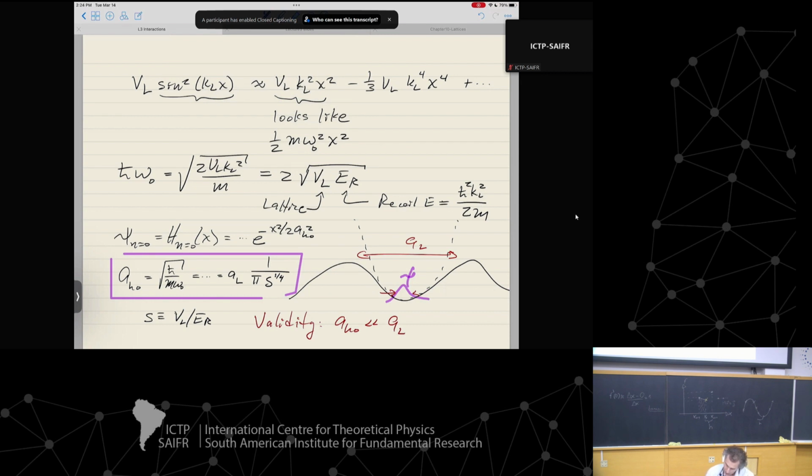And if I just look at this equation here, it means that s to the 1/4 has to be much greater than 1. Okay, so this means that lattices need to be deep. Does that make sense?